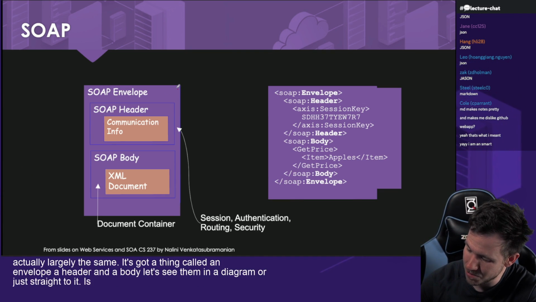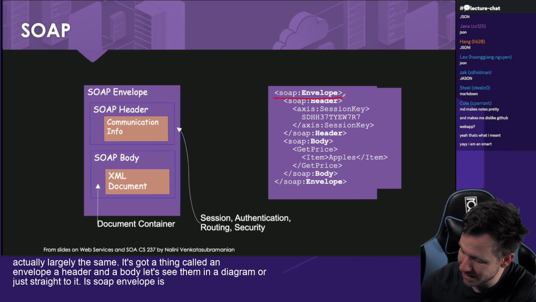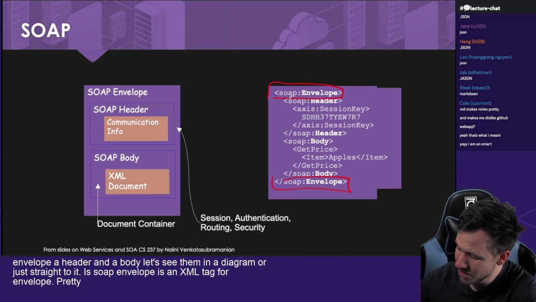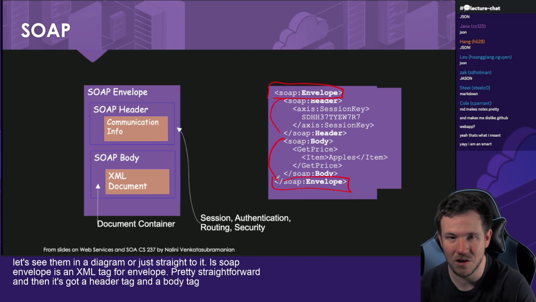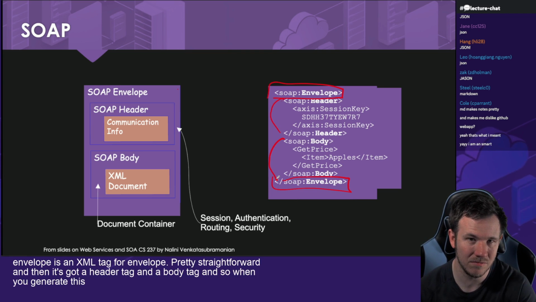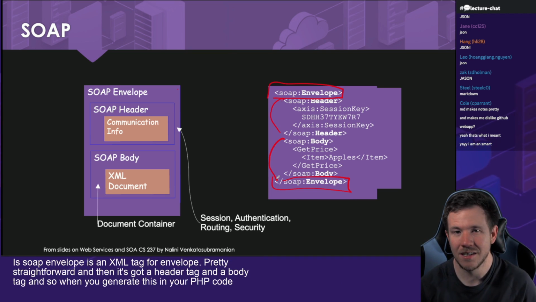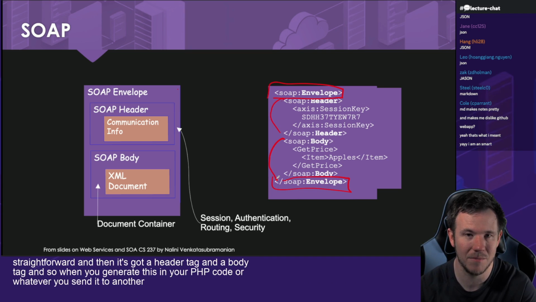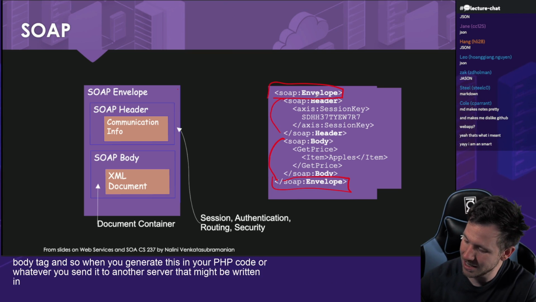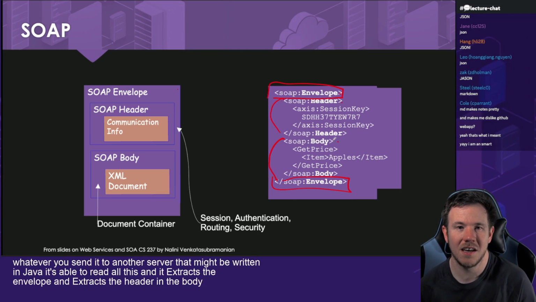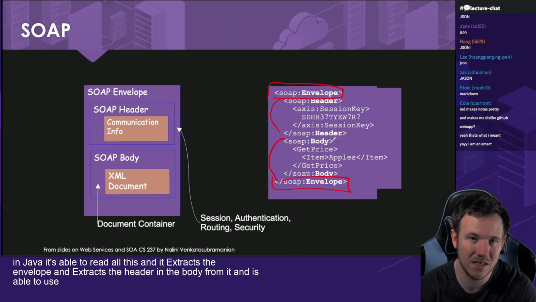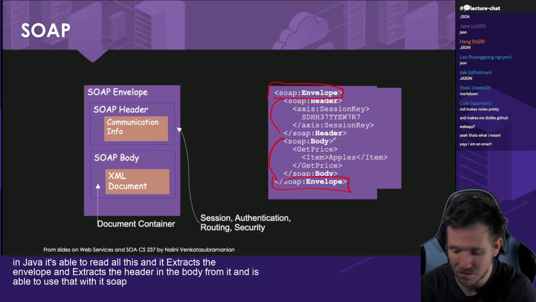A SOAP envelope is an XML tag for SOAP envelope. Pretty straightforward. And then it's got a header tag and a body tag. So when you generate this in your PHP code or whatever, and you send it to another server that might be written in Java, it's able to read all of this, and it extracts the envelope, and it extracts the header and the body from it, and is able to use that with its SOAP protocol on its end.